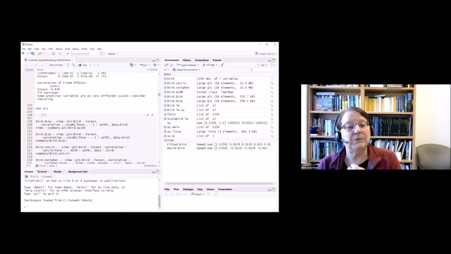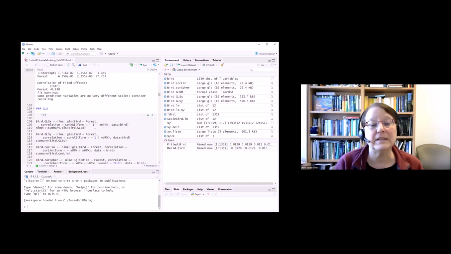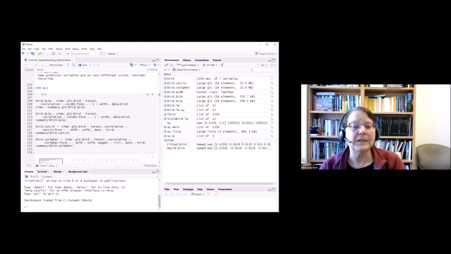Then here I spell it right. So here, this is the generalized least square model with the package NLME. Just to make sure we use the right one. Then, as I showed you in the PowerPoint, I'm just using the longitude, the latitude.